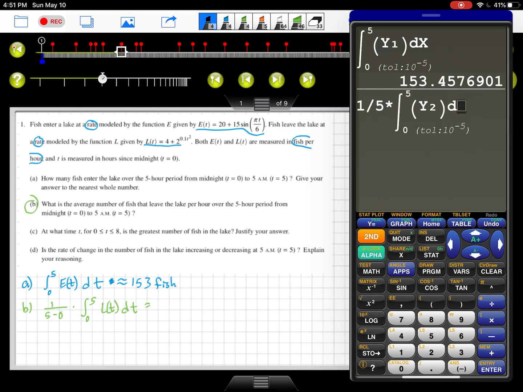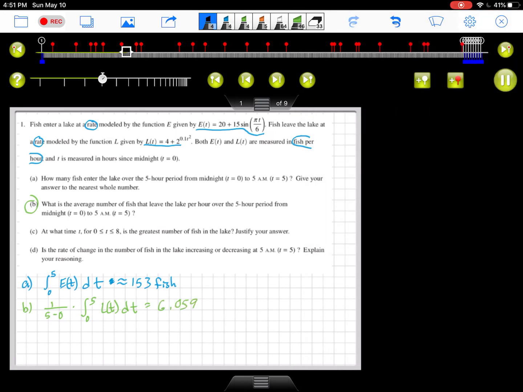And my variable of integration is x. I press enter. I get my answer. It doesn't say where to round it. So if it doesn't say where to round it, what you do is you round to the nearest third decimal place. In this case, it's 9. So it's 6.059 fish. This is our average that are leaving from 0 to 5.